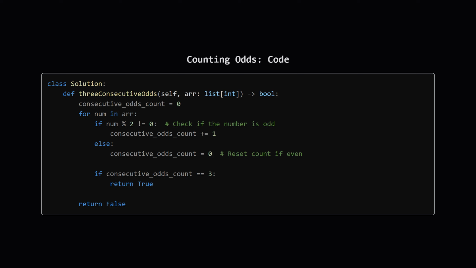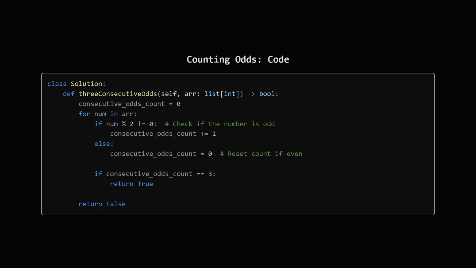And here's the Python code for the counting approach. We start with a variable, let's call it consecutive_odds_count, set to 0. Then, we go through each number in our input list. If the number is odd, meaning, when we divide it by 2, the remainder is not 0, we add 1 to our consecutive_odds_count. If the number is even, then our streak is broken, so we reset consecutive_odds_count back to 0.